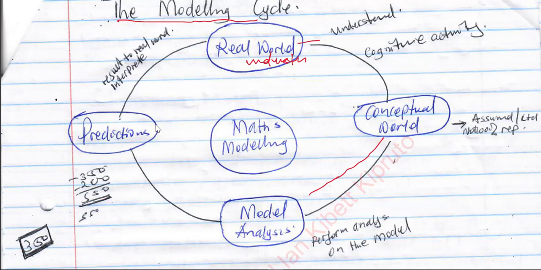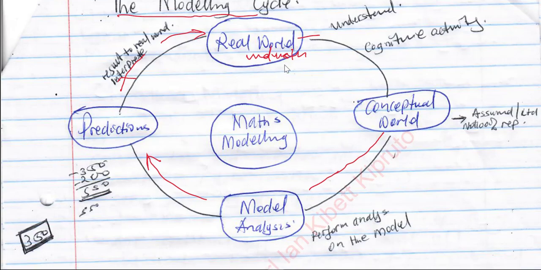And when you predict a certain outcome, you have again to interpret that outcome so that we can get the results. And when you get the results, you have to apply those results in the real world. That's what we call the modeling cycle.